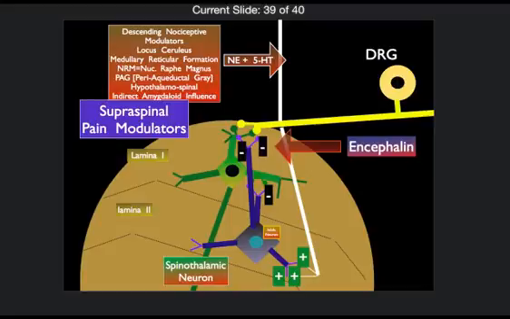And on top of that, you have the sophistication that goes up to supraspinal levels and descending modulators of pain from the locus ceruleus, medullary reticular formation, nucleus raphe magnus, PAG, periaqueductal gray, hypothalamic spinal, and indirect amygdaloid influence. What this does is it's going to have 5-HT from the midline raphe.